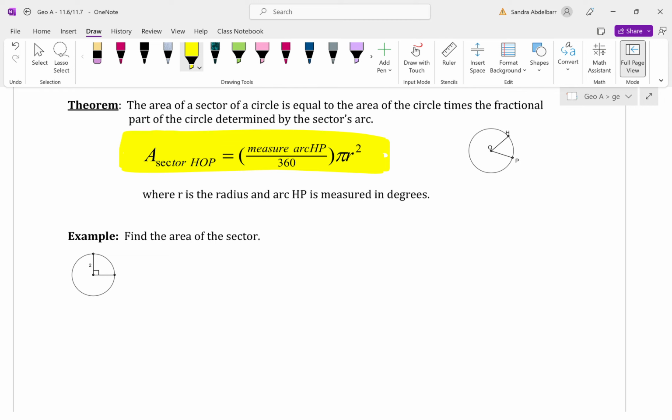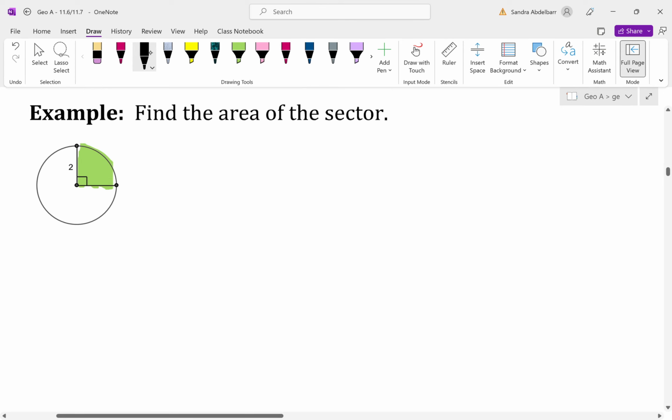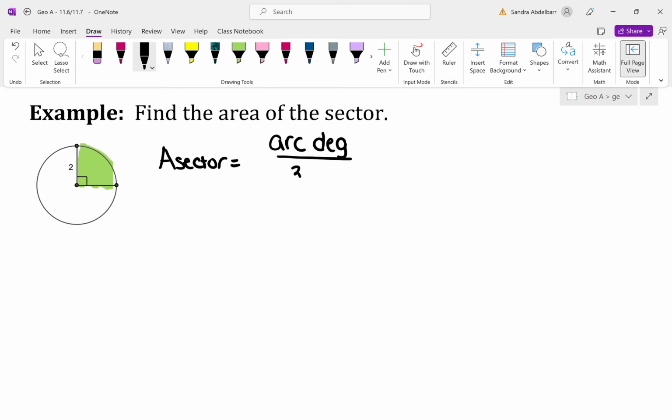All right, so we want to find the area of this sector. Remember the sector is the region between the two radii. And I'm going to write out the formula. Area of sector equals arc degree over 360 times the area of a circle, which is pi r squared.